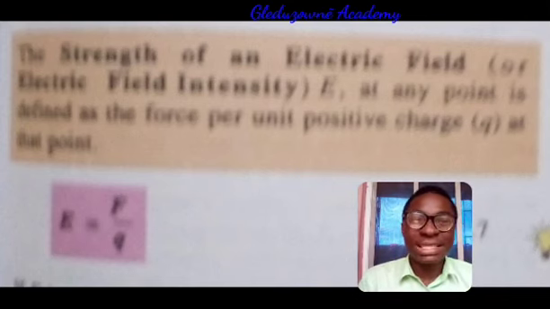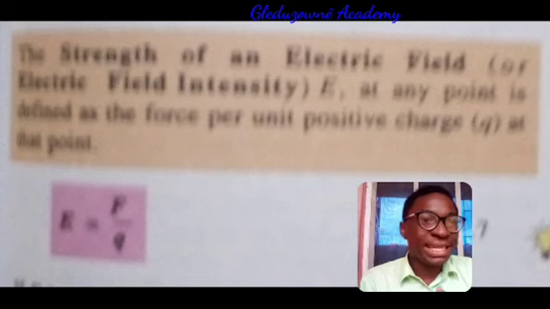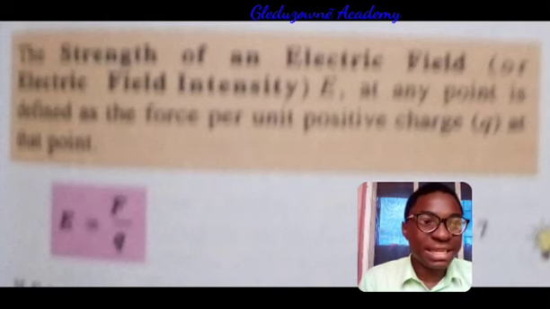So this force exists as a result of interaction between these electric charges. If there were only one charge, we would not need any mutual interaction, and there would be no strength of an electric field. The strength of an electric field is a mutual phenomenon, an effect caused by the mutual interaction of charges, and depending on the magnitude of those charges, you can have different strengths of electric field. It is known as the electric field intensity.